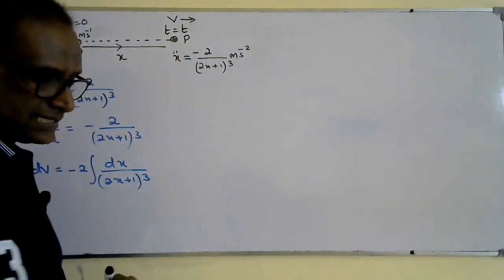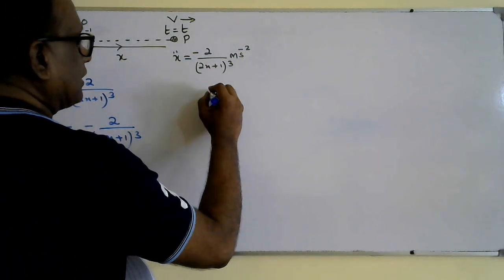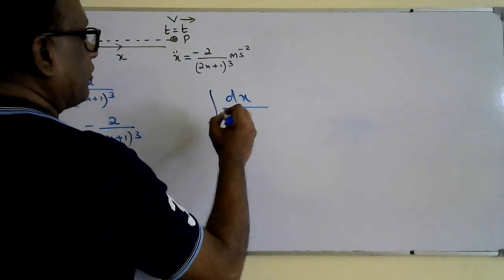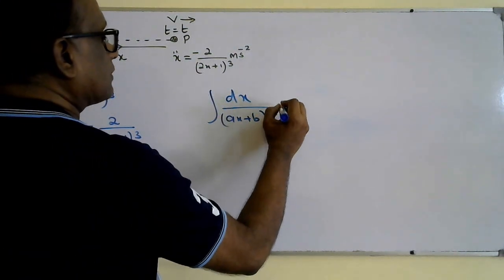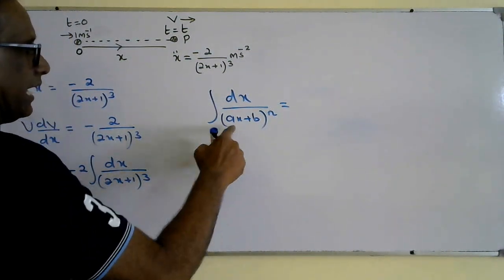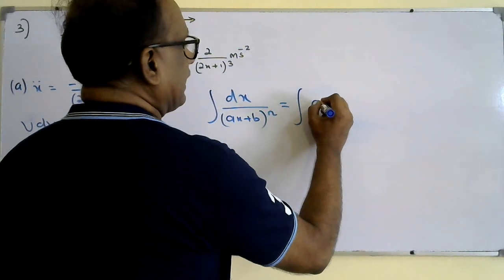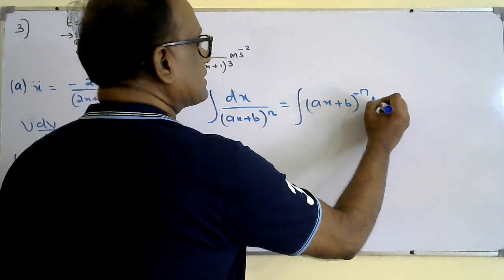If it is in this pattern, for example, if you have an integral of dx over (ax plus b) to the power n, here n is 3, a is 2. You can integrate that as (ax plus b) to the power minus n dx.